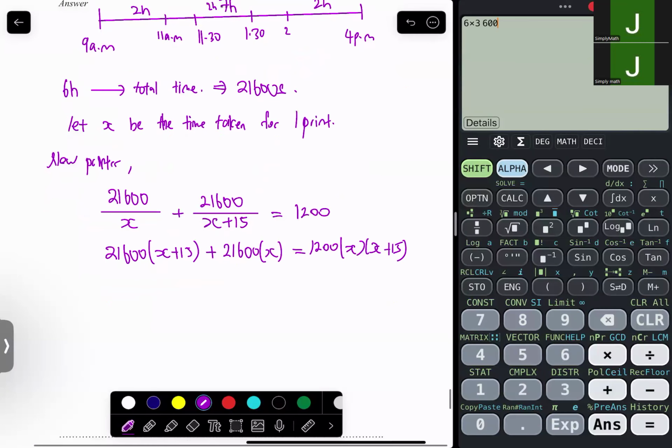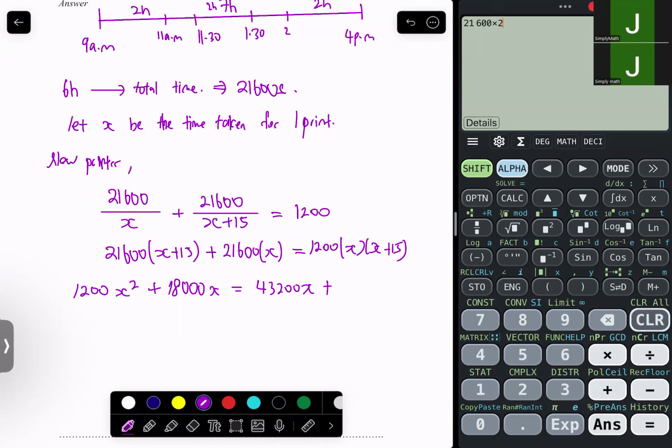Okay. So, okay, expand out: 1,200 X squared plus 1,200 times 15, 18,000 X, is equals to 21,600 times 2, 43,200 X plus 324,000.